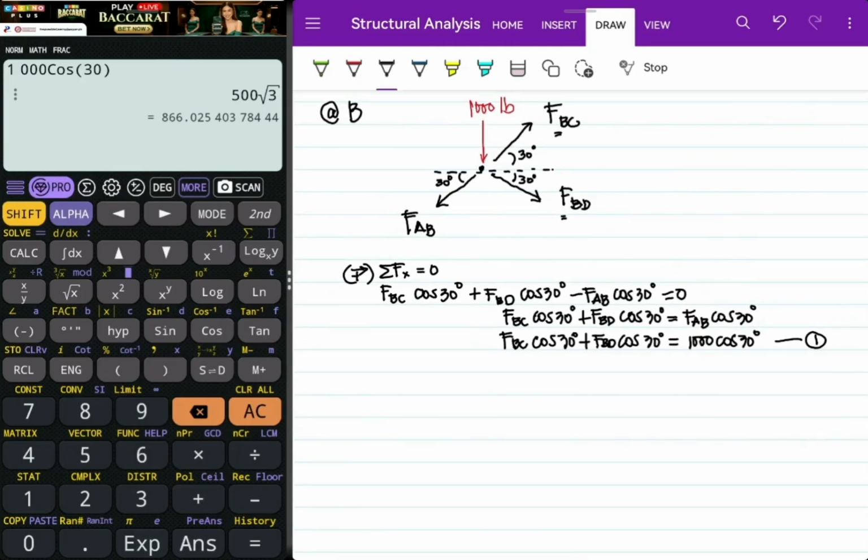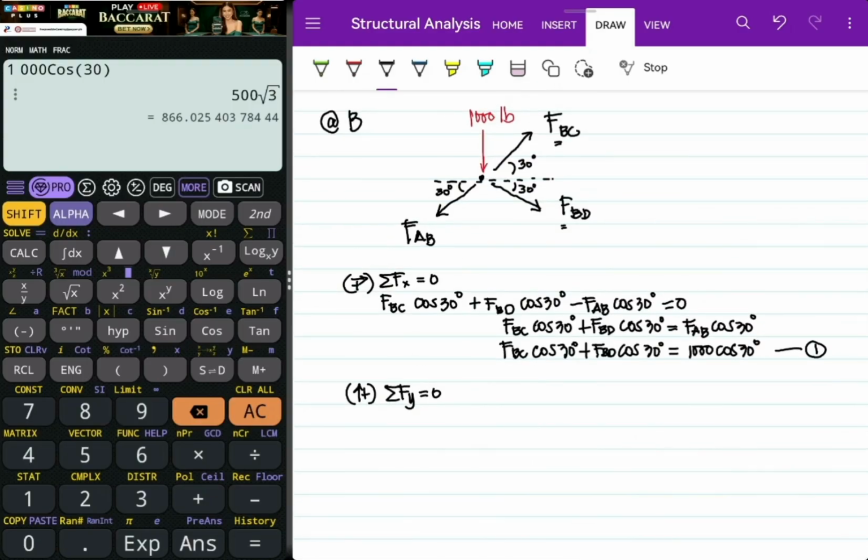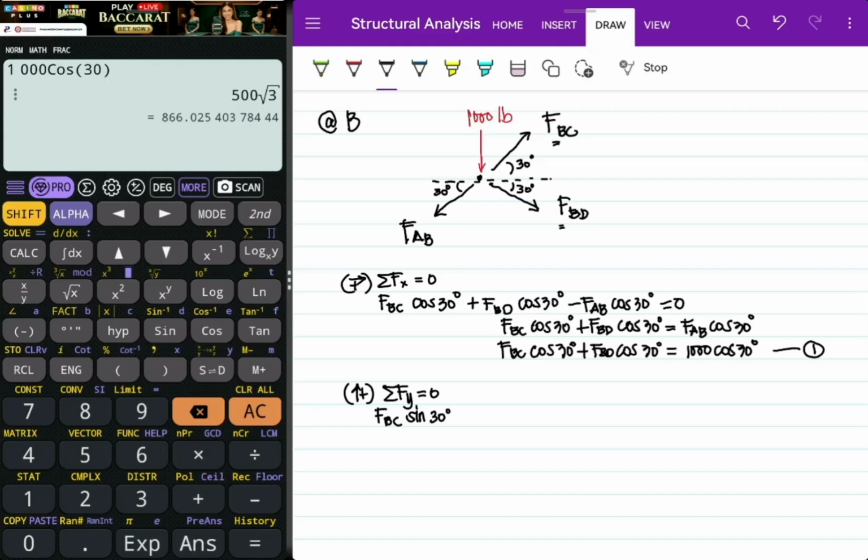So we move on to another equilibrium equation, which is summation of forces y is equal to 0, assuming going up positive. So we have FBC is the only positive force here based on our assumption.